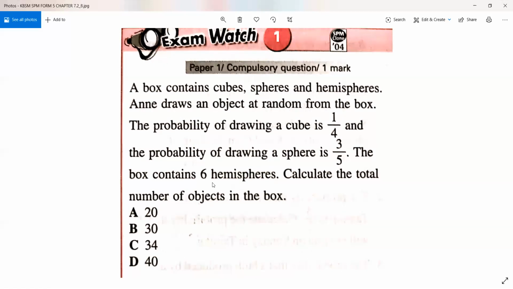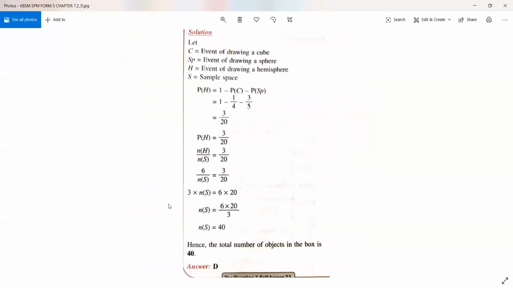Then we use the 6 hemispheres and the probability of hemisphere to find the total number of objects in the box. The probability is number of hemisphere over number of sample space, so cross multiply: 6 times 20, number of sample space times 3. 6 times 20 is 120, divided by 3 is 40. So the total number of objects in the box is 40.